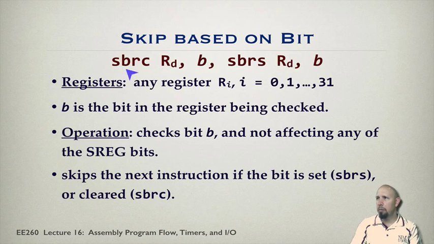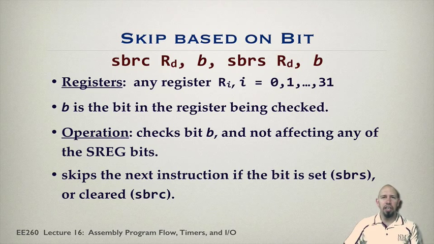So this is a skip if the bit is cleared, or skip if the bit is set. Again, this is nice. It uses any of these registers, does not affect the status register, checks whatever bit that is, and skips the next instruction if the bit is set, that's the S, or if the bit is cleared, that is the C.